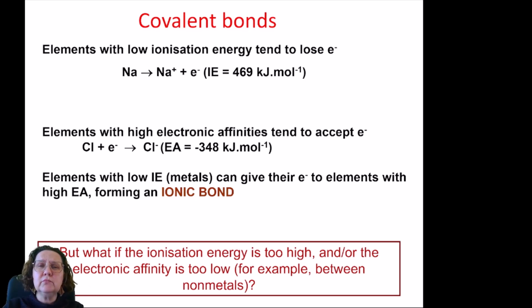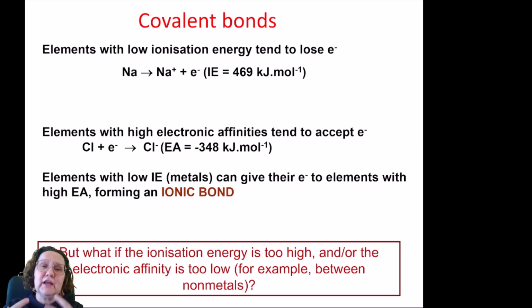To answer that, we need to look at two key variables, which are actually periodic table properties, periodic trends. You know how an atom is going to behave roughly depending on its position in the periodic table. One of them is ionization energy, and the other one is electron affinity.